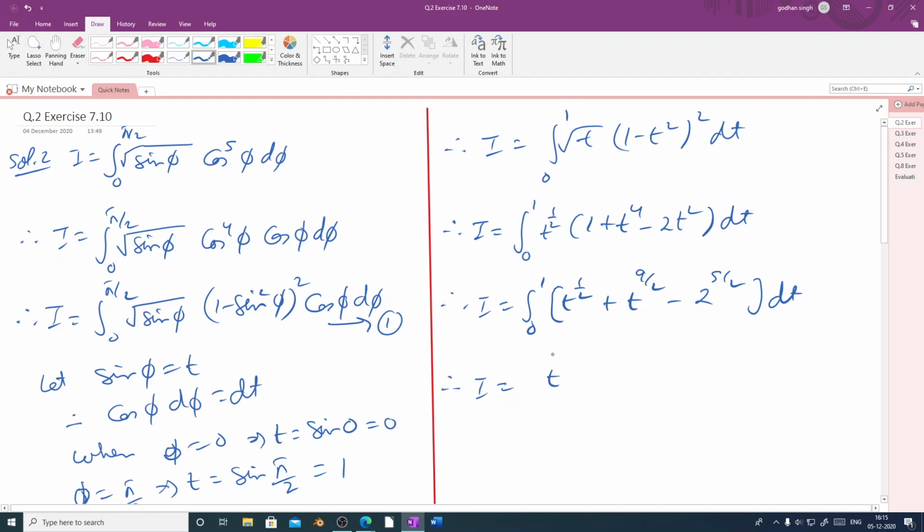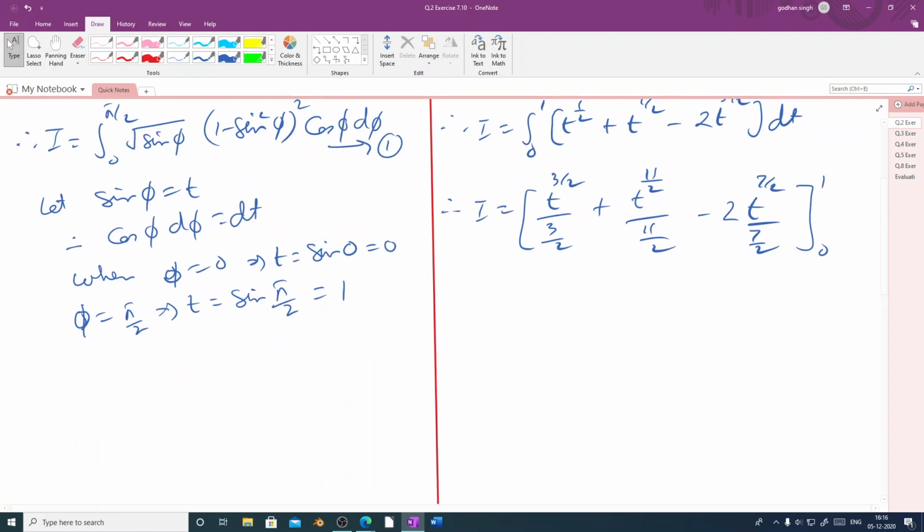So half plus 1 gives t raised to 3 by 2 over 3 by 2, plus t raised to 9 by 2 plus 1, that is 11 by 2, over 11 by 2, and minus 2 times t raised to 7 by 2 over 7 by 2, and the limits are from 0 to 1.